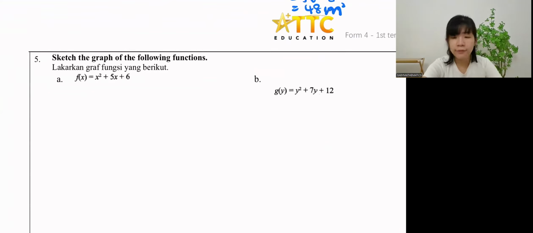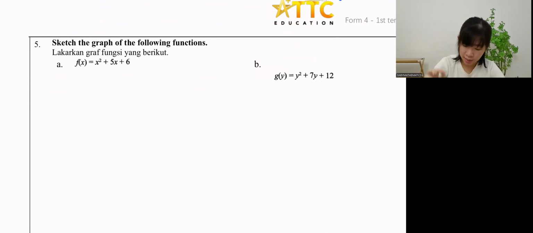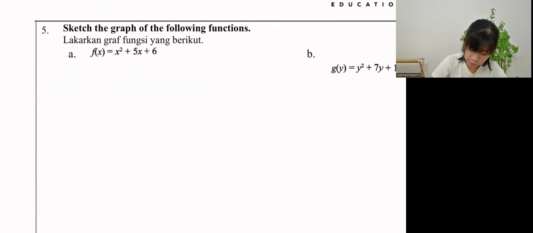Okay, sketch graph. Always need to get ready 5 things. Before you sketch the graph, first you have to know what is the shape. Second, you have to find the x-intercept, pintasan x. Third, you have to know the y-intercept.